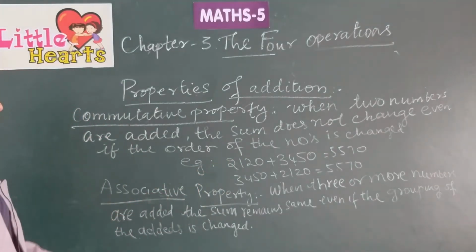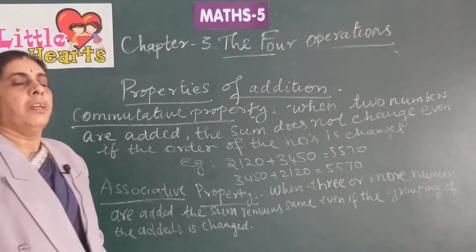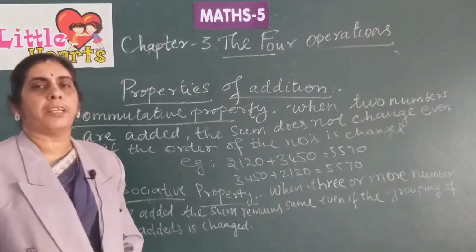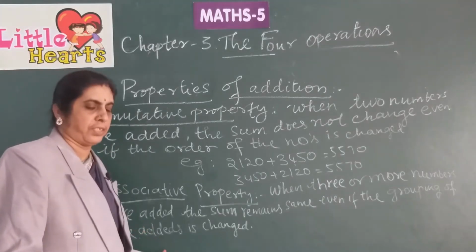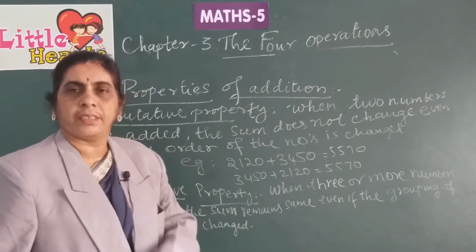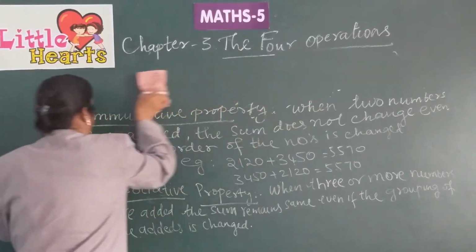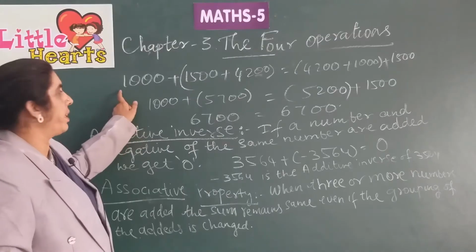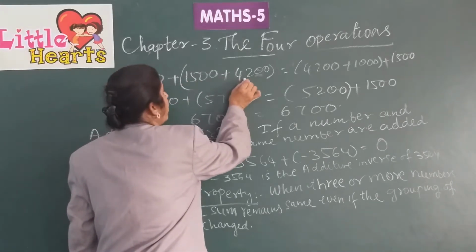And associative property. When 3 or more numbers are added together, the sum remains the same even if the grouping of the numbers or addends is changed. For example, we have taken three numbers 1,000, 1,500 and 4,200.